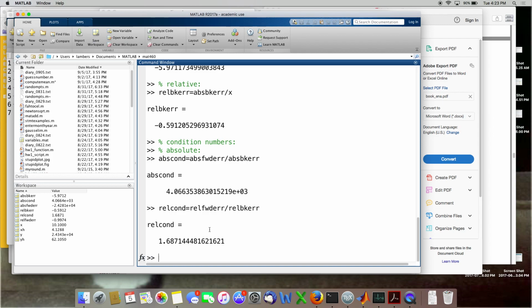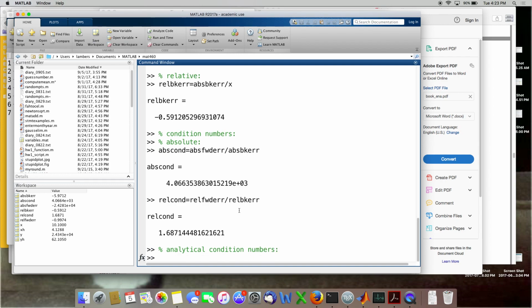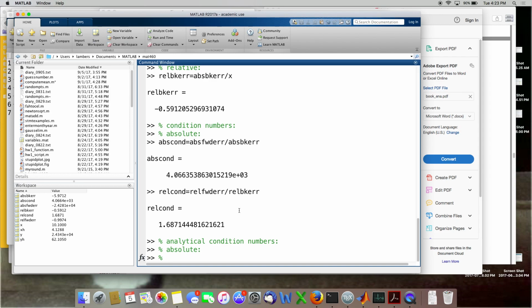Okay. Now, if you look at the condition number analytically, for the absolute case, I use absolute values for everything.